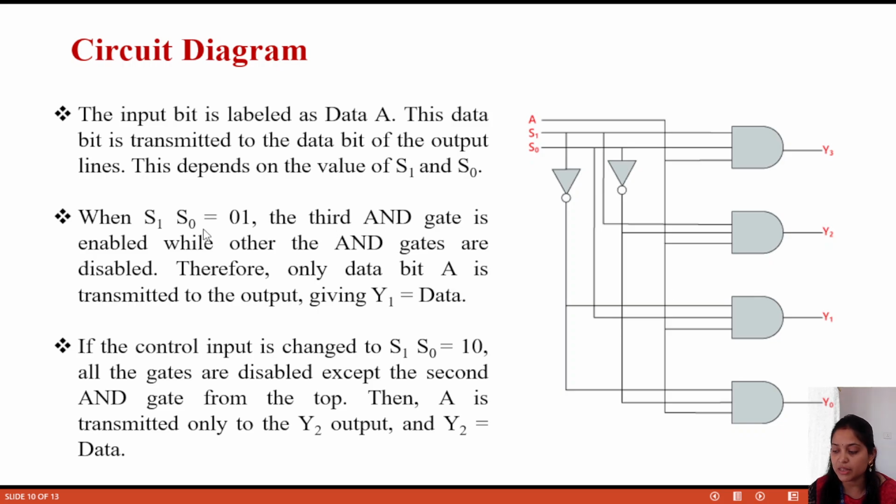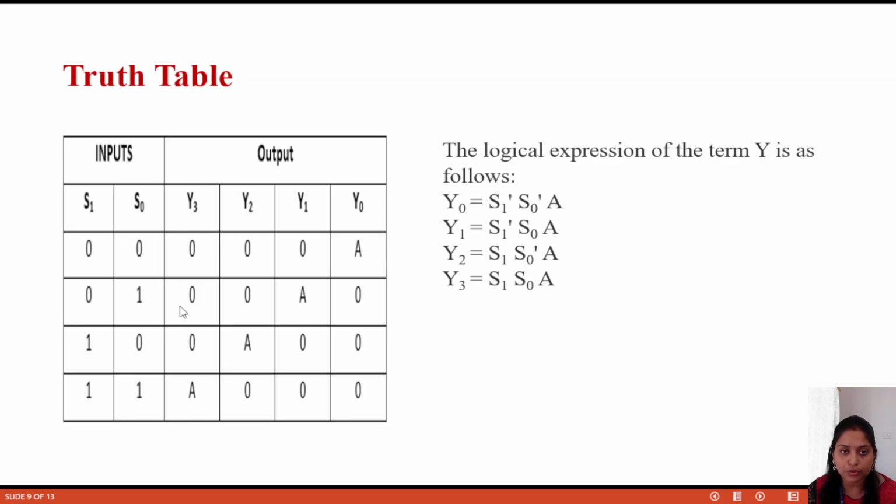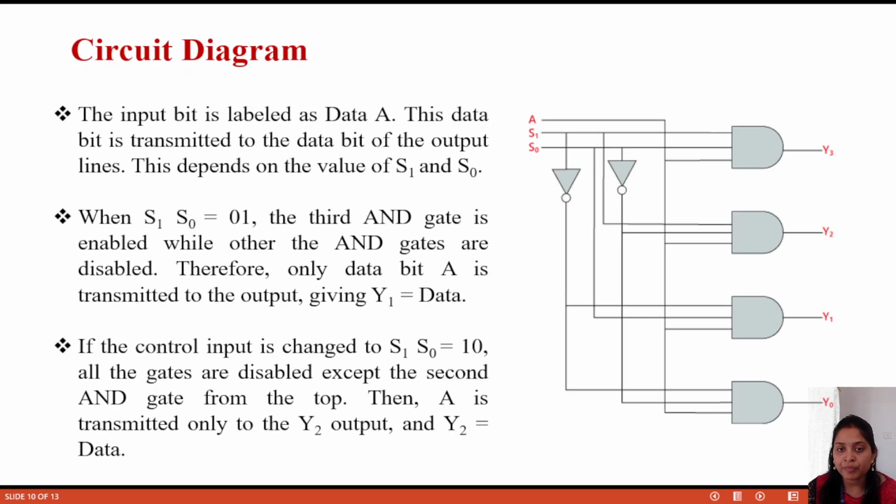Just look at the truth table, 0 1 means y1, and from y1 we will get the data.